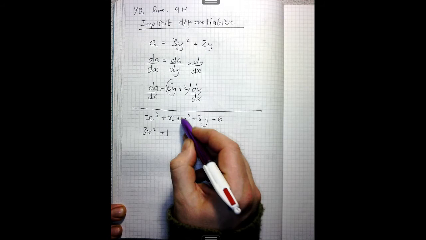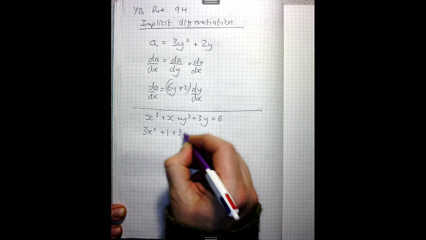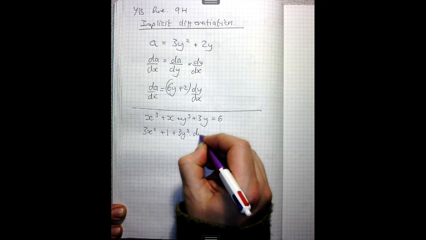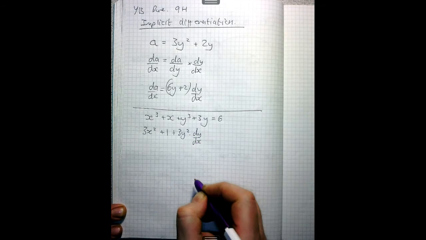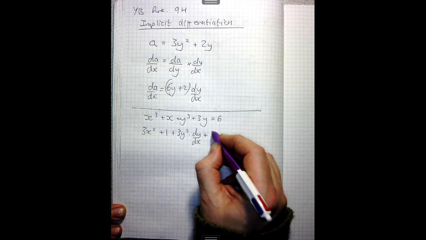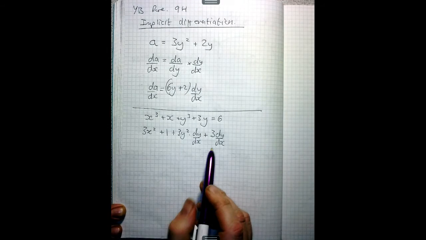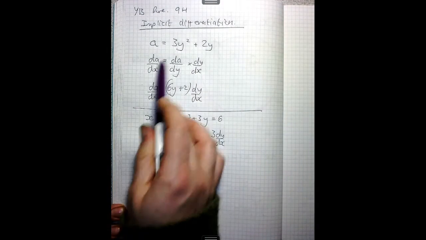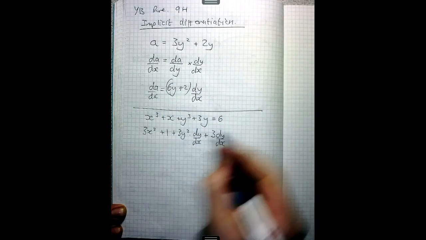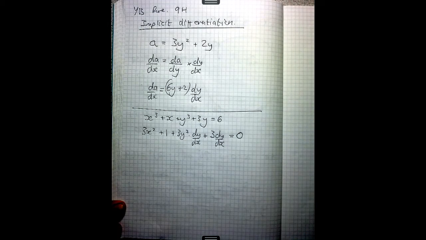I can't differentiate y cubed with respect to x, so I differentiate with respect to y and multiply by dy/dx. Same here, can't differentiate with respect to x, so differentiate with respect to y and multiply by dy/dx because of the chain rule. And of course, I can differentiate the right hand side, it's just a constant.